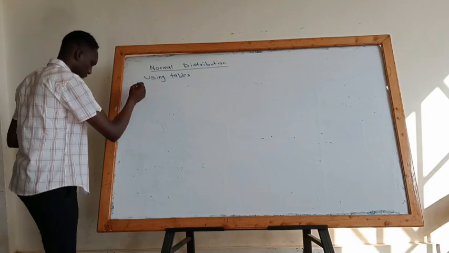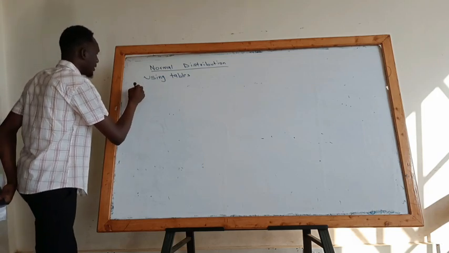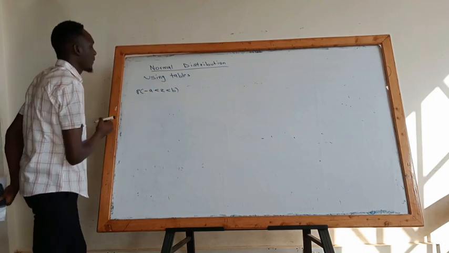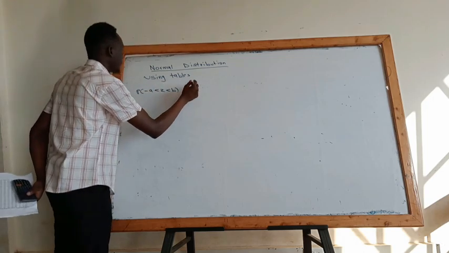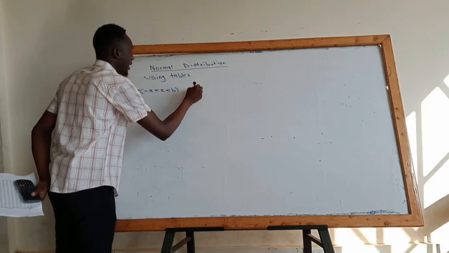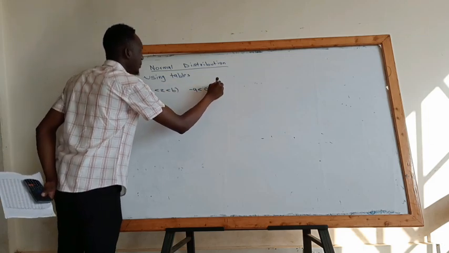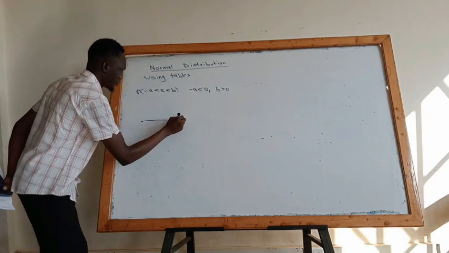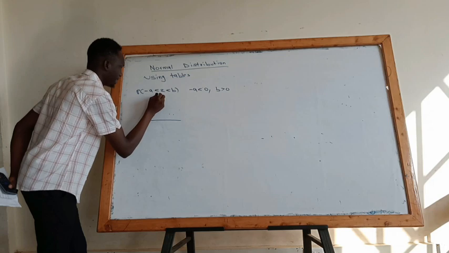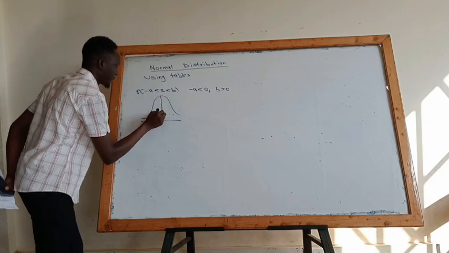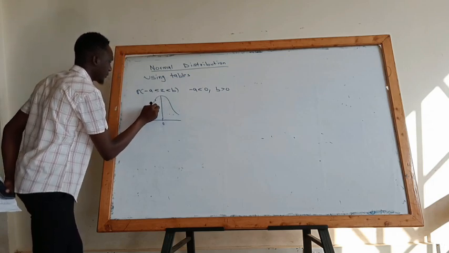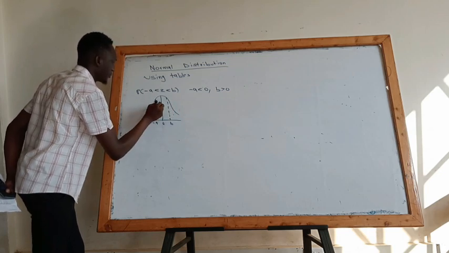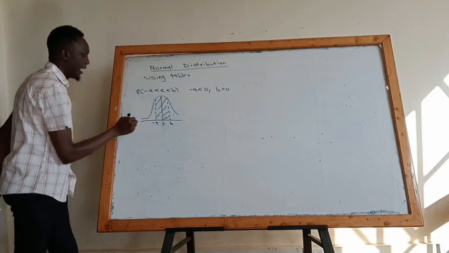Let's say now we have the probability that negative A is less than Z less than positive B, where negative A is less than 0 and B is greater than 0. When we draw the sketch, we have 0, negative A, B. They need the area under the curve.